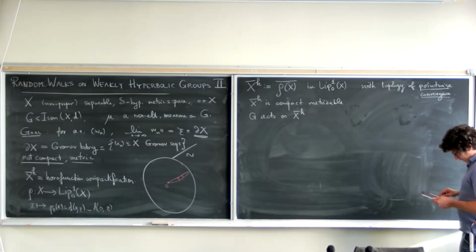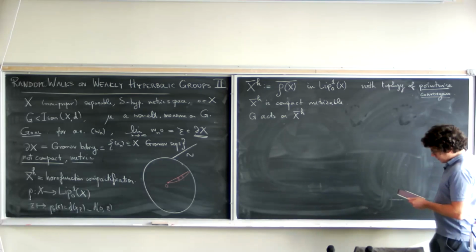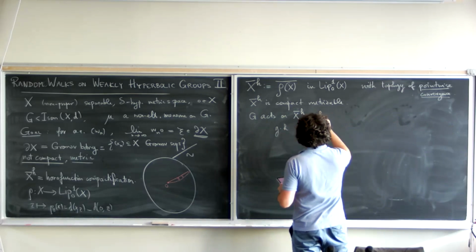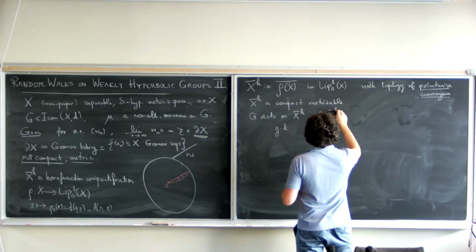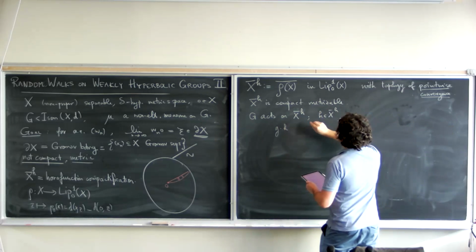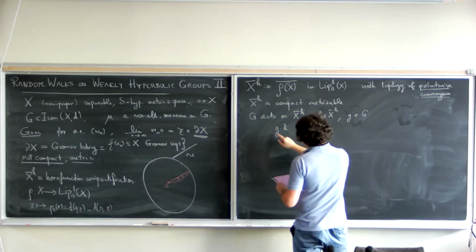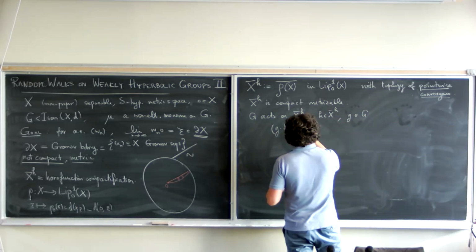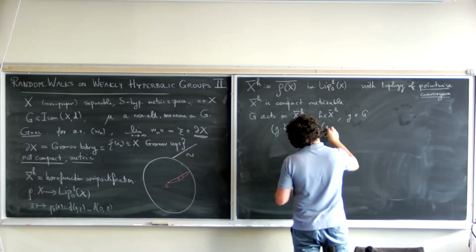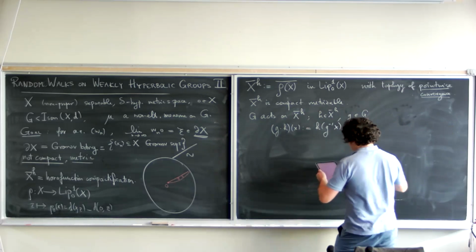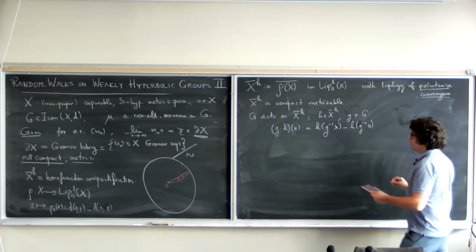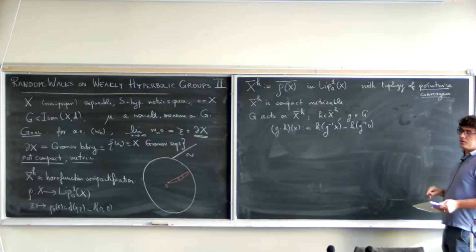The action is like this: if h is a Horo function and g is a group element, then g h at a point x is h of g inverse x minus h of g inverse O. So it's kind of the obvious thing.